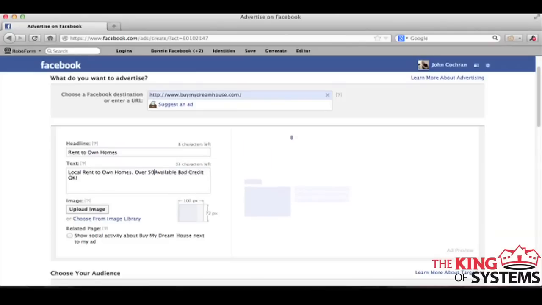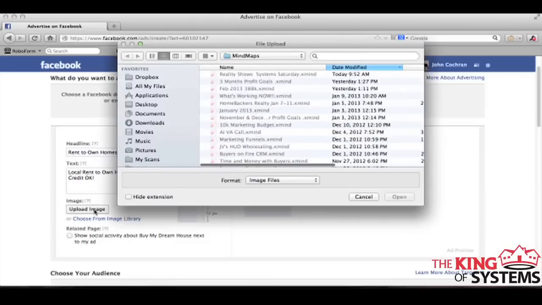Okay, so a little trick that we do. To give you an example, here's the headline that I'm going to go with: local rent-to-own homes over 50 available, bad credit, okay. Great, right? So this is what the ad's going to look like, and then you just upload an image. Now, the image is very, very important on the Facebook ads because that's really how you're going to grab their attention.